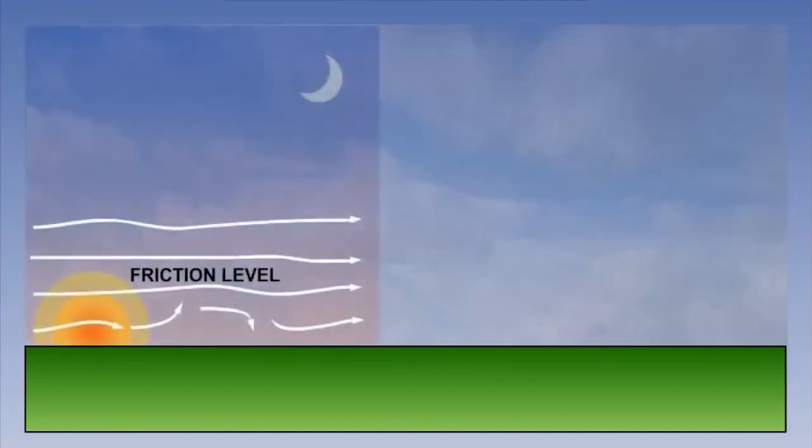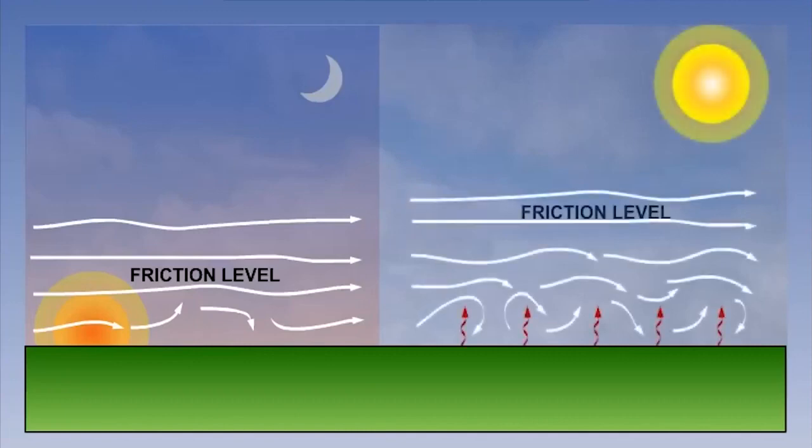When the land is at its coldest, usually just after sunrise, the friction level will be at its lowest, whereas during the afternoon, when the land is at its warmest, the friction level will be higher. However, on average, the depth of the friction layer is only a few thousand feet above the surface, usually 2,000 to 3,000 feet. But as we have seen, this will vary.